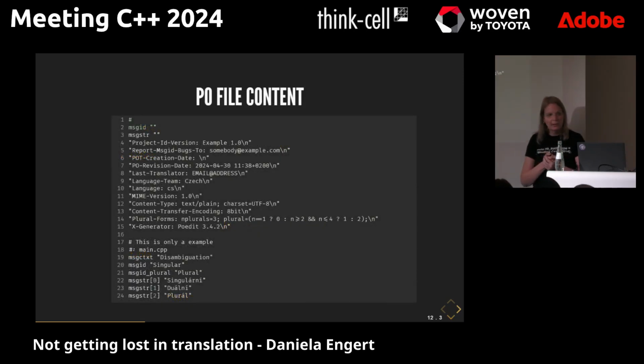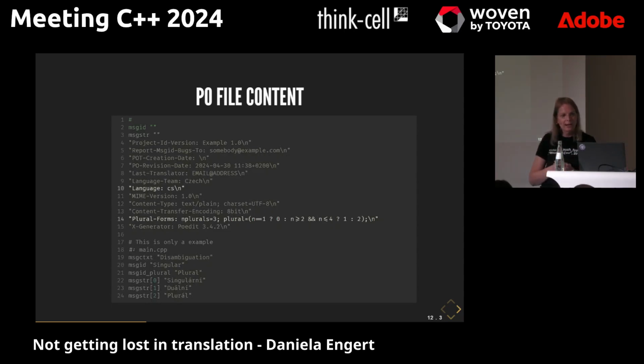How would such a file look? As mentioned before, it's a text file. In the front matter, you say, okay, this is a portable object file for, in this particular case, the Czech language. And there's also a line in there that says how many plural forms this particular language has.